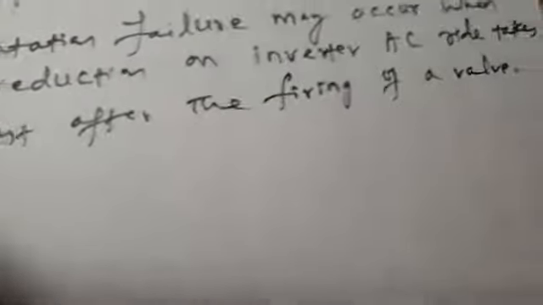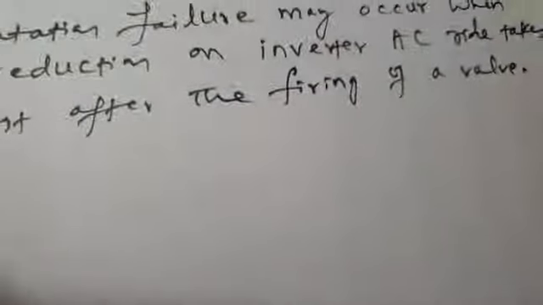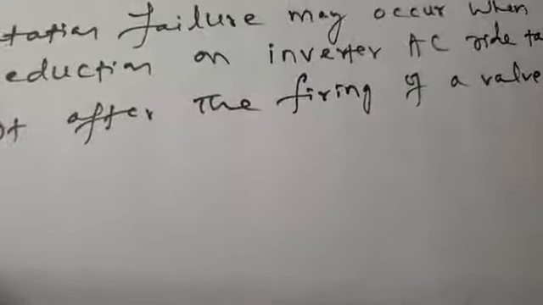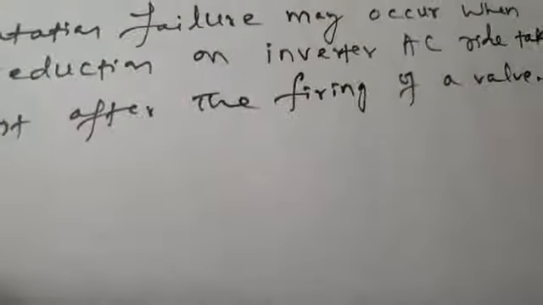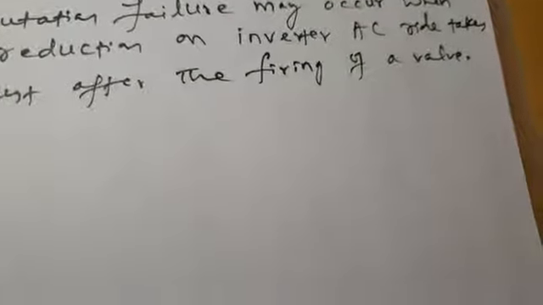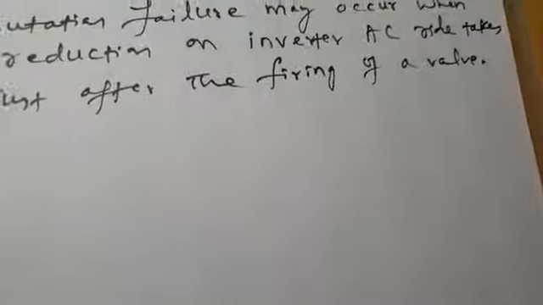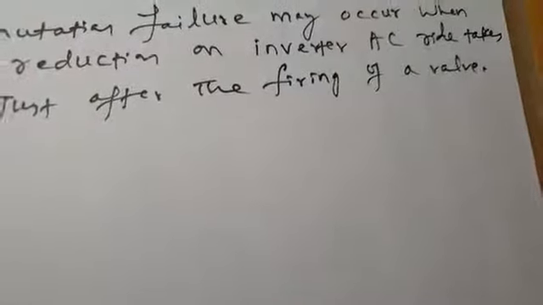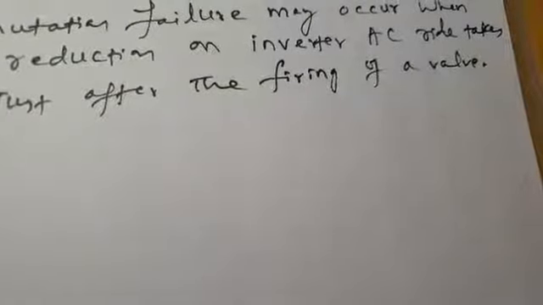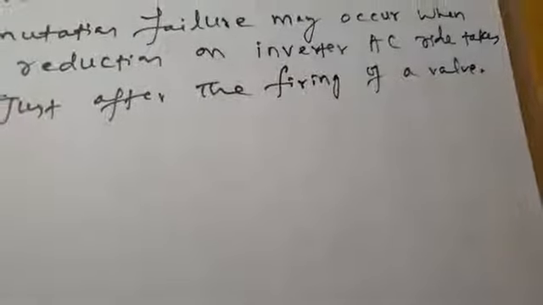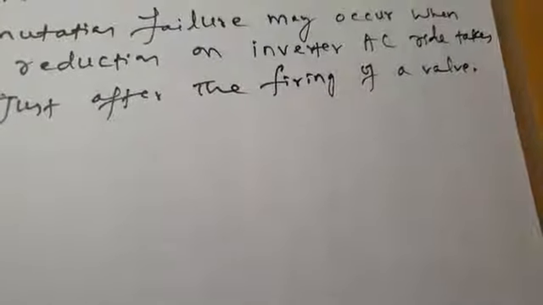That means as soon as the valve is fired, say valve 1 or valve 2 or valve 3 or any other valve, there may be a situation where the moment a particular valve is fired, the inverter side AC voltage collapses at the same instant of time, and in that case the chances of commutation failure are very, very high.